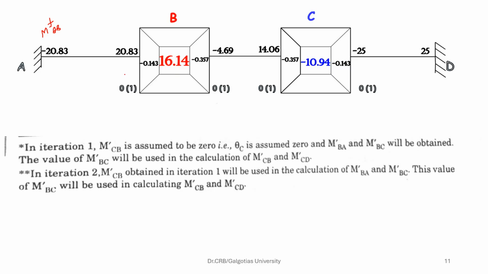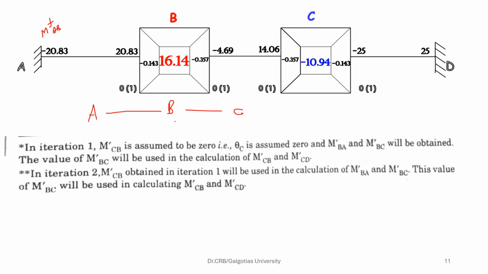Now you have added and entered in the cell respectively. Now how to carry out the iteration? Let's see how to carry out that. First you assume that this M dash, first let us take the point B. Okay, this is the point B and this is C and this is A.